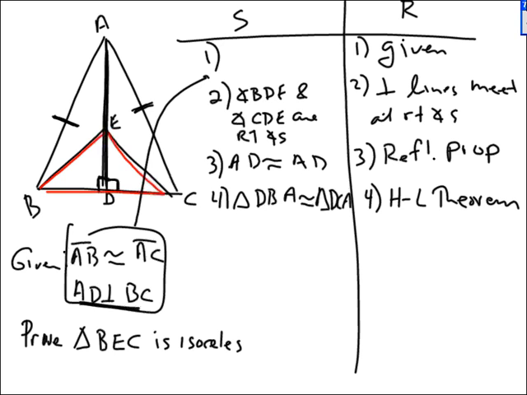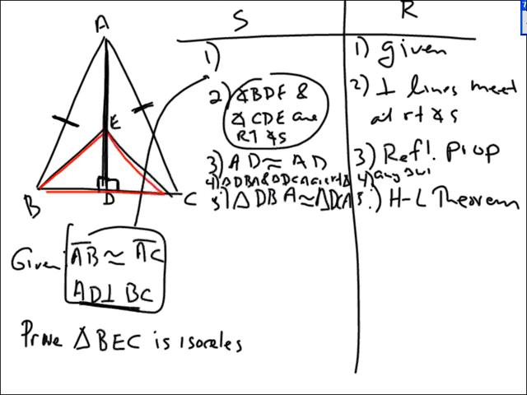Okay, but before you can use the HL theorem, you have to get that the triangles are right triangles. Number 4, triangle DBA and triangle DCA are right triangles. And the reason for number 4, remember what 2 said, any triangle with a right angle is a right triangle.